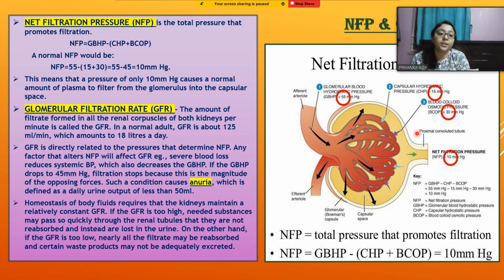That pressure will also be subtracted from the glomerular blood hydrostatic pressure. So NFP will be equal to GBHP minus CHP minus BCOP.